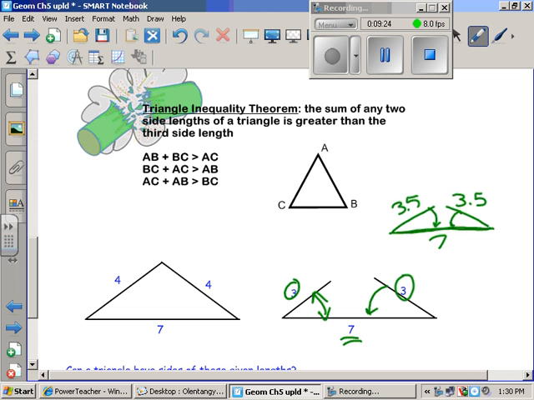So again, it would just make a line. This side would come into here, this side would come into here, and it wouldn't be a triangle. So the sum, like this one, 4 plus 4 is 8. 8 is larger than 7. So these two sides, when they start to come in, are too long and they hit right there and make a triangle.